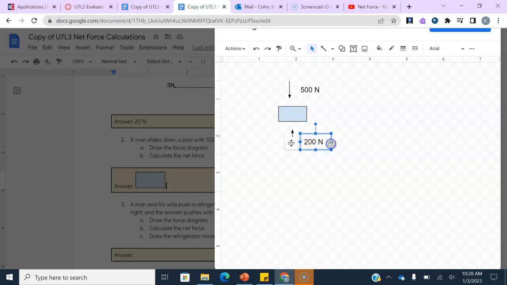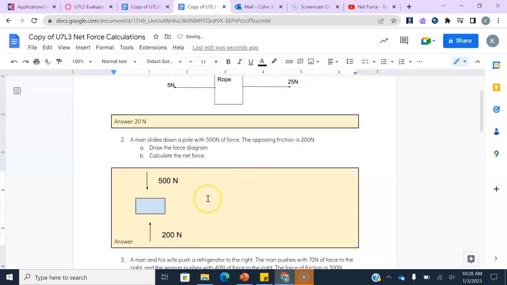So in the downward direction, he's got a force of 500 newtons, and in the upward direction, he has a force of 200 newtons. We're assuming that there's no forces in the left or right-hand direction. Once we're done with that, you can click, I think it's save and exit, that blue button, and then your diagram will be there so I can see it.